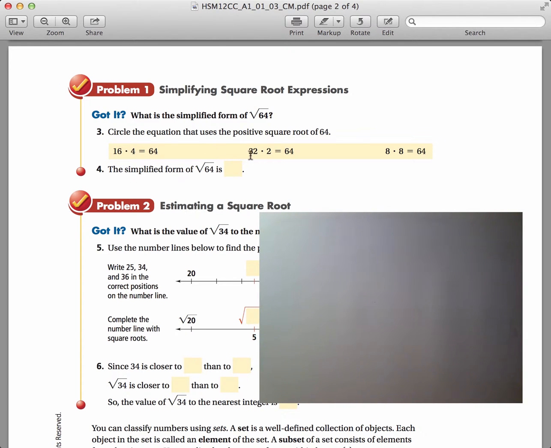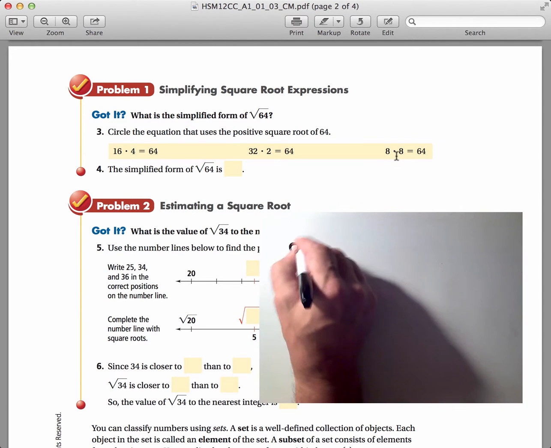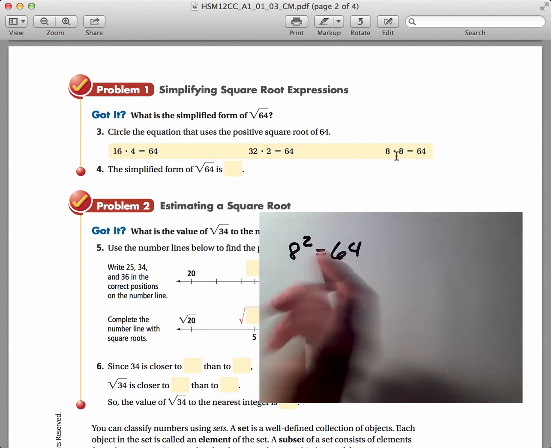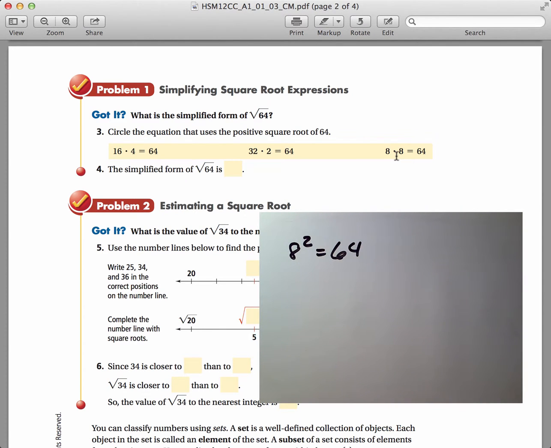No. 32 times 2 equals 64, but 2 and 32 are not equal, so it can't be a positive square root. But look at 8 times 8 equals 64. There's a square. 8 squared, right? So we can say that 8 squared equals 64, or 8 times 8 equals 64.